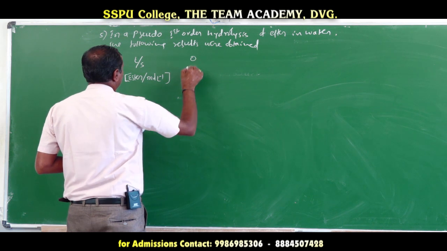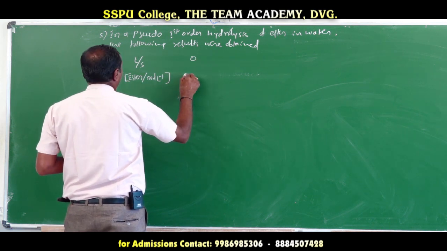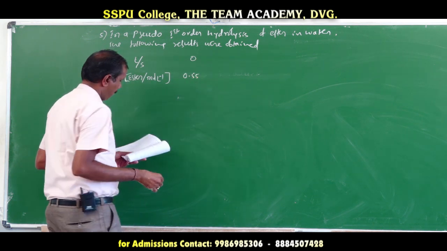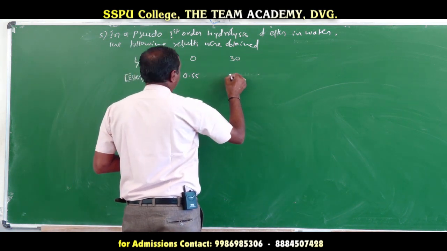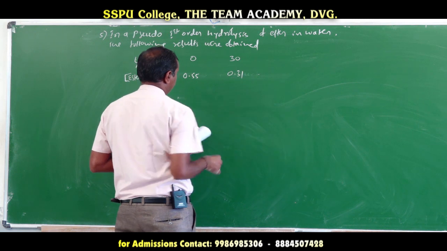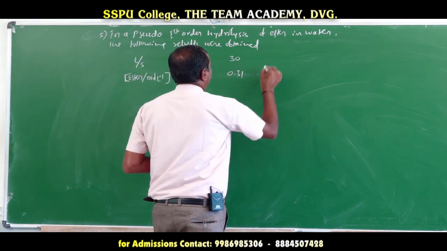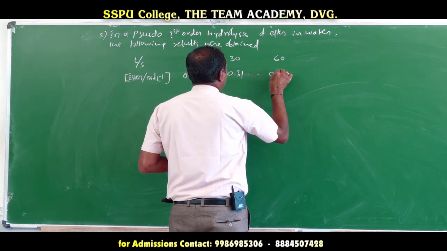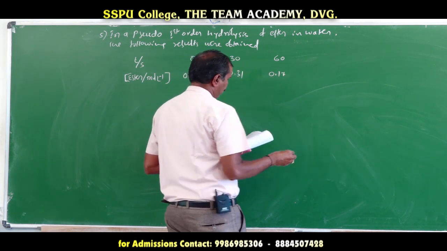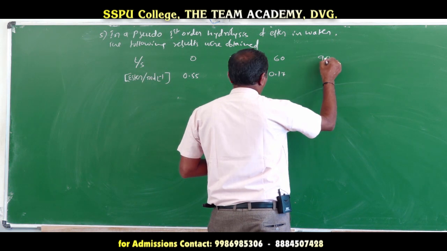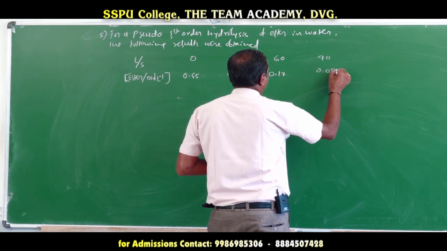At time 0 seconds, the concentration is 0.55. At 30 seconds, it is 0.31. At 60 seconds, it is 0.17. At 90 seconds, it is 0.085.